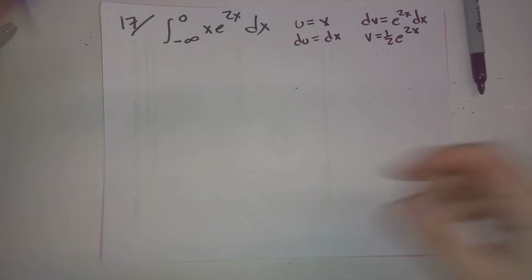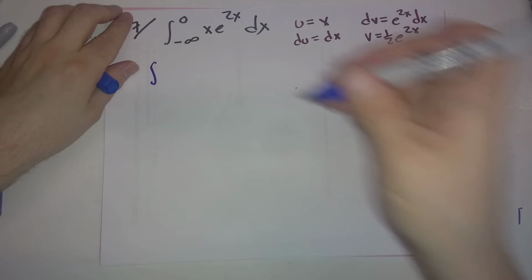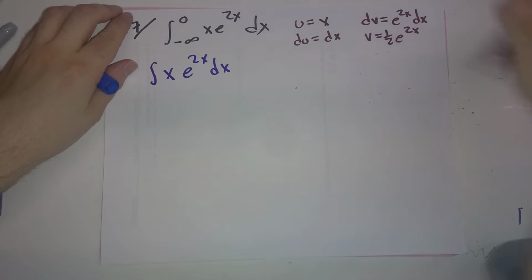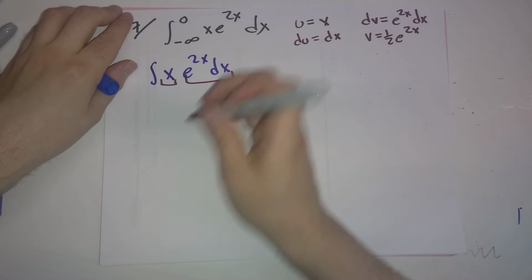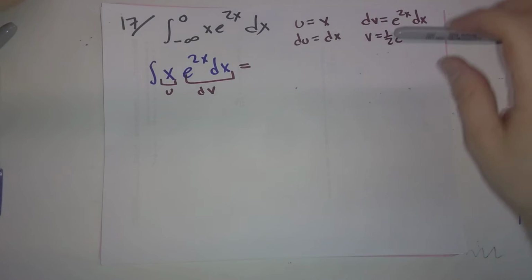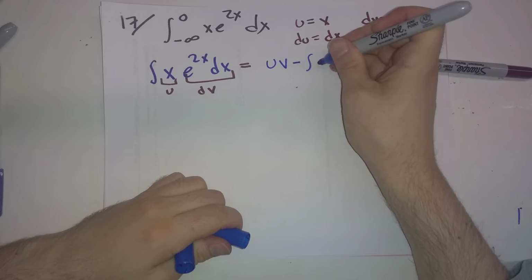And so then, just looking at the antiderivative here, ignoring the bounds for the time being, x e to the 2x dx. So here is our u, here is our dv.